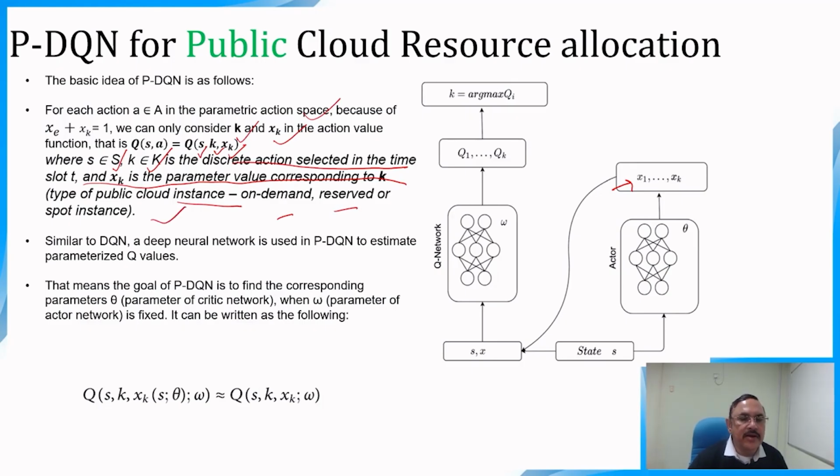Similar to DQN, a deep neural network is used here in PDQN to estimate the parameterized Q values. That means the goal of PDQN is to find the corresponding parameter theta, that is the parameter of the critic network.